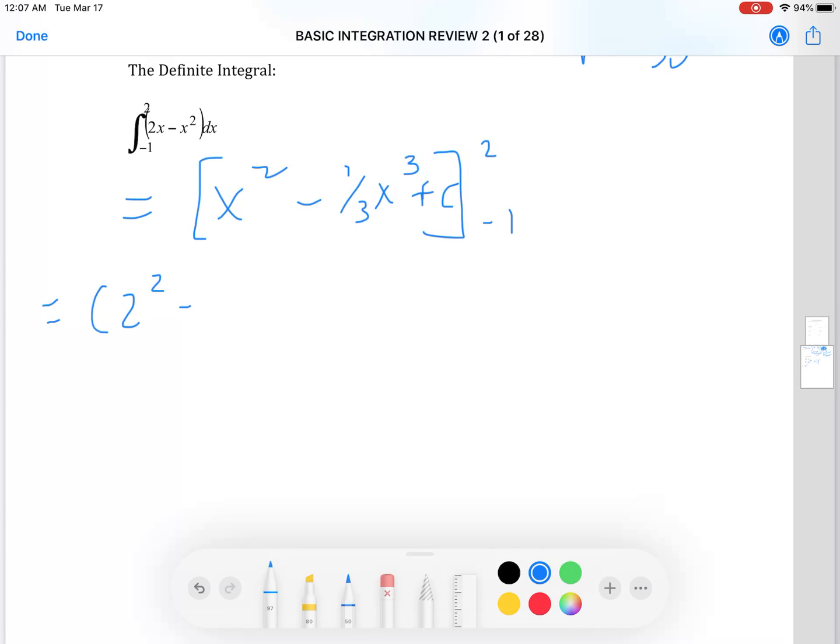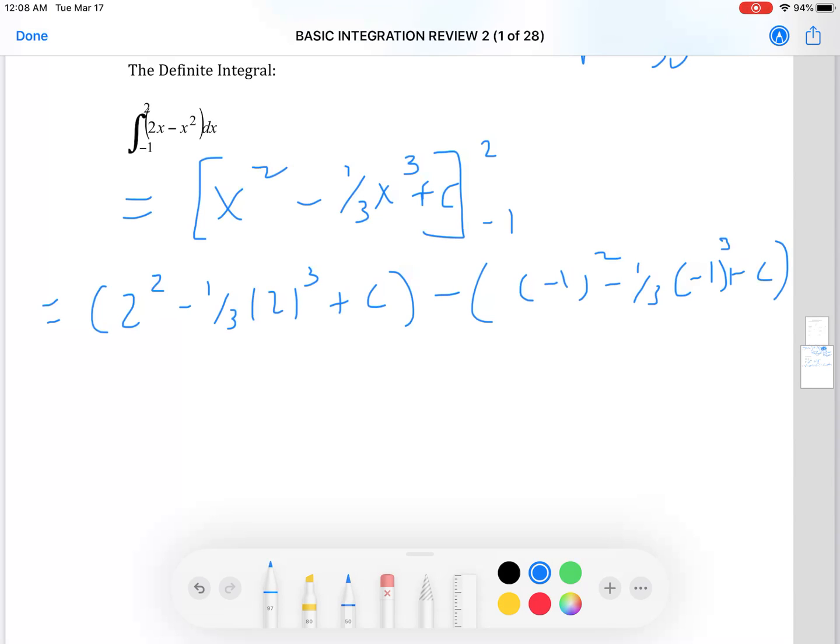So I get 2 squared minus 1/3 times 2 cubed plus c. And then I have a minus a negative 1 squared minus 1/3 times negative 1 cubed plus c.